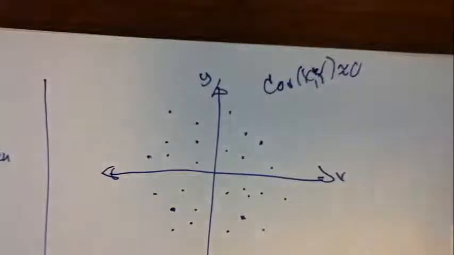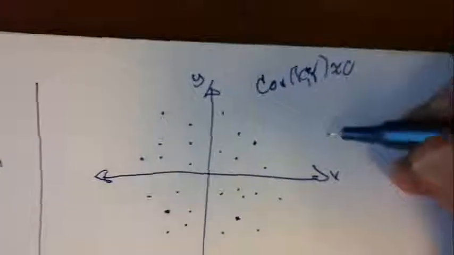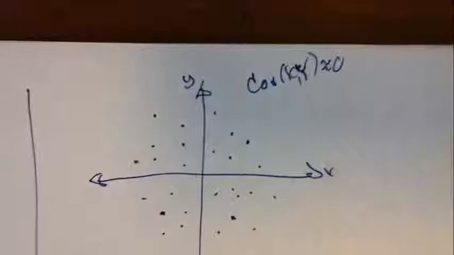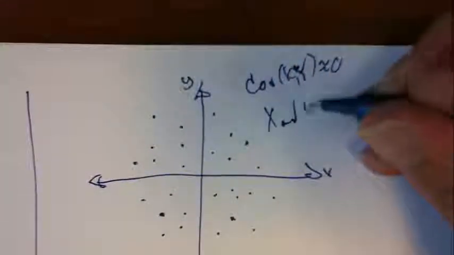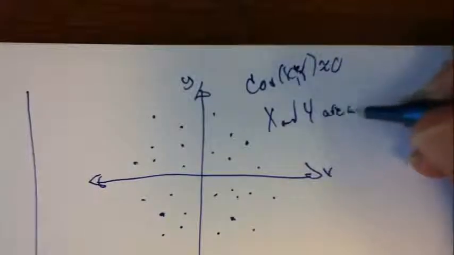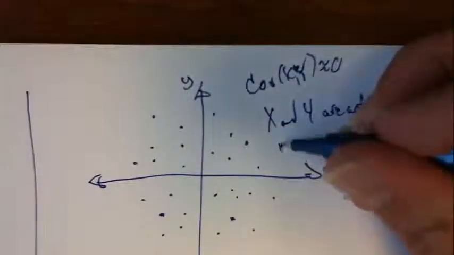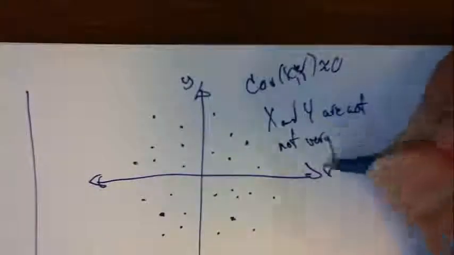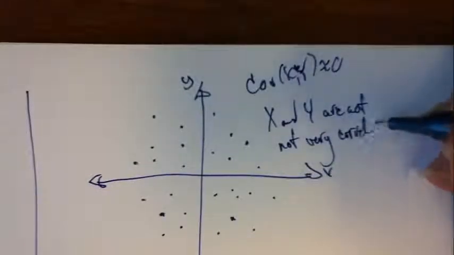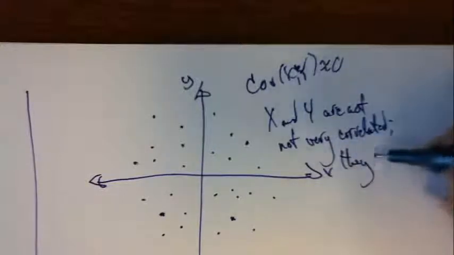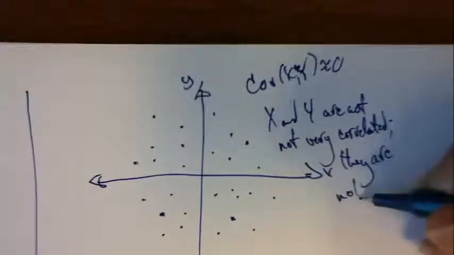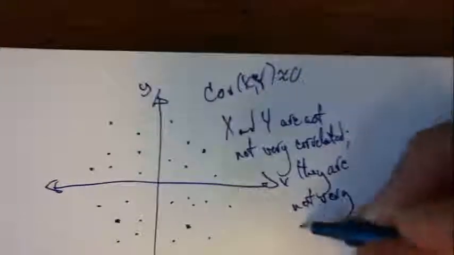It might be 2, or it might be 0.2, or negative 0.5, or negative 0.001. In this case, we say that the variables are uncorrelated, or that there is no association. X and y are not very correlated. They are not very associated.